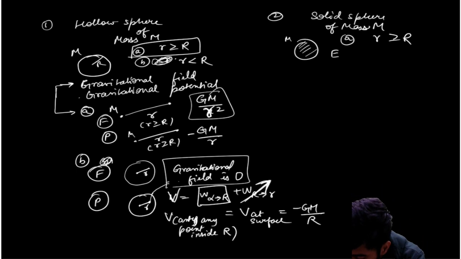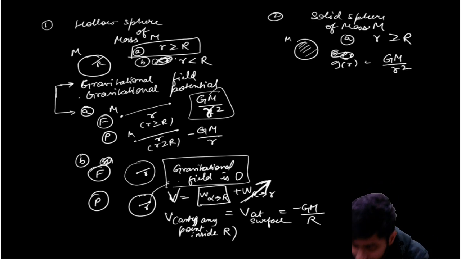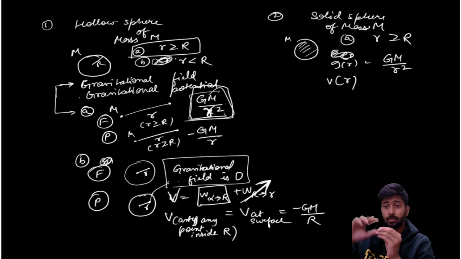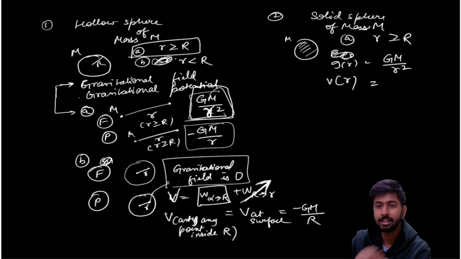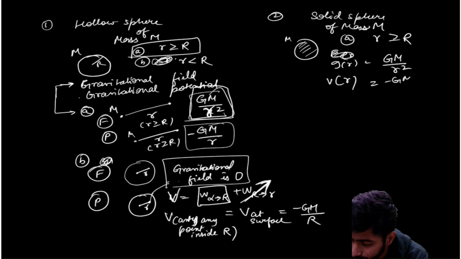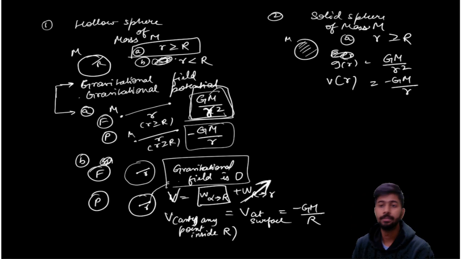And then the gravitational field at a distance r will simply be GM by small r square if my r is greater than or equal to capital R, just like this case. And potential at a distance r, which is basically at the surface or beyond it, again is the same as this case. I can assume it to be at the center, and then I'll have a minus GM by r. Things will change when you come inside.